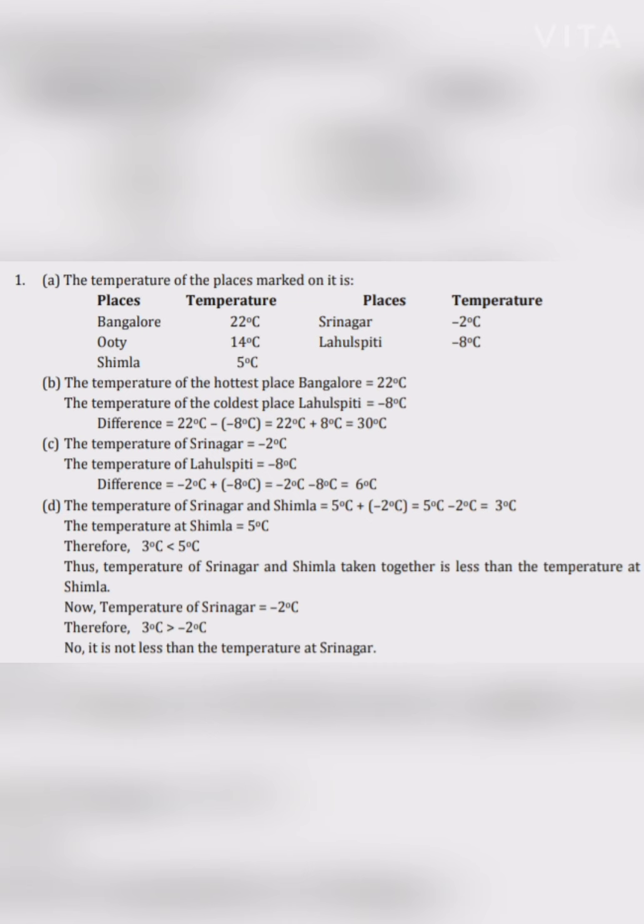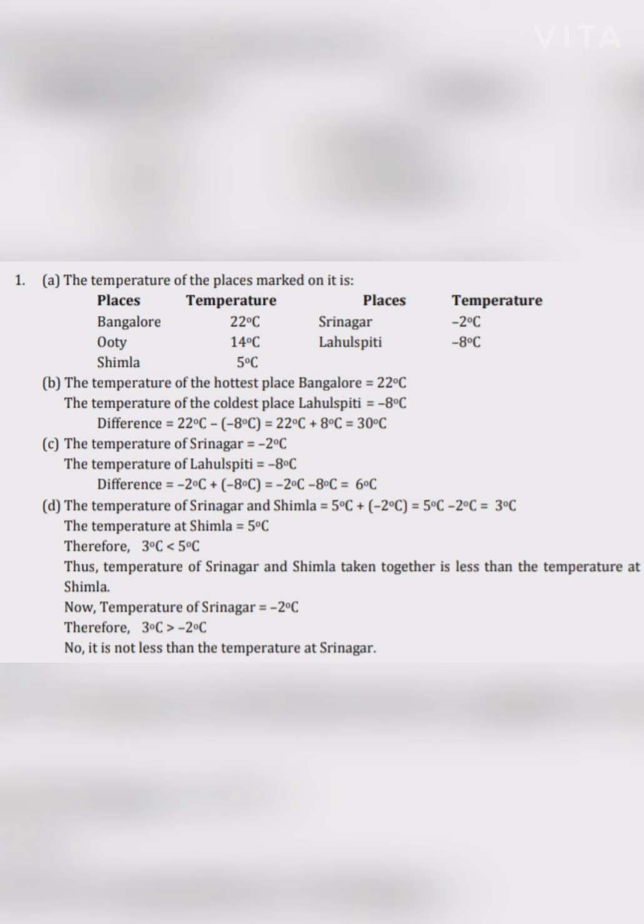The last question is about the temperature of Srinagar and Shimla. The temperature of Srinagar is minus 2 degrees Celsius and the temperature of Shimla is 5 degrees Celsius. So 5 degrees Celsius plus minus 2 degrees Celsius, plus minus will be minus. So 5 degrees Celsius minus 2 degrees Celsius, 3 degrees Celsius is the answer.